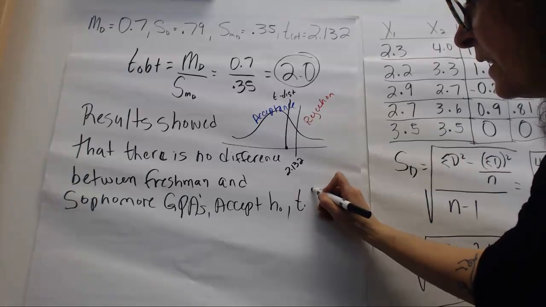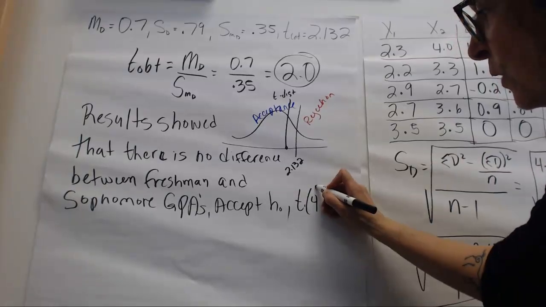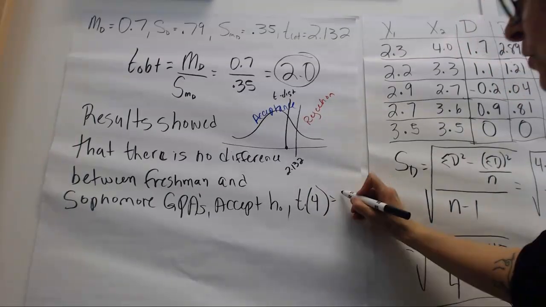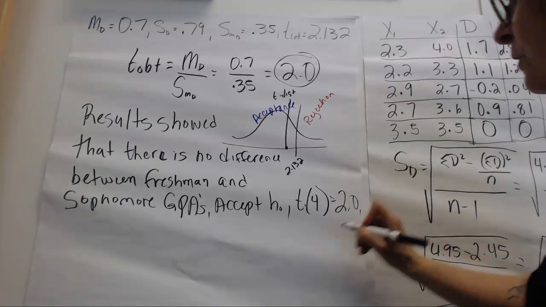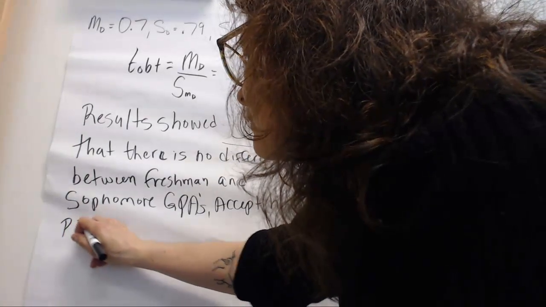And our t, again, we report our degrees of freedom as 4: t(4) = 2.0, and our p value is greater than 0.05.